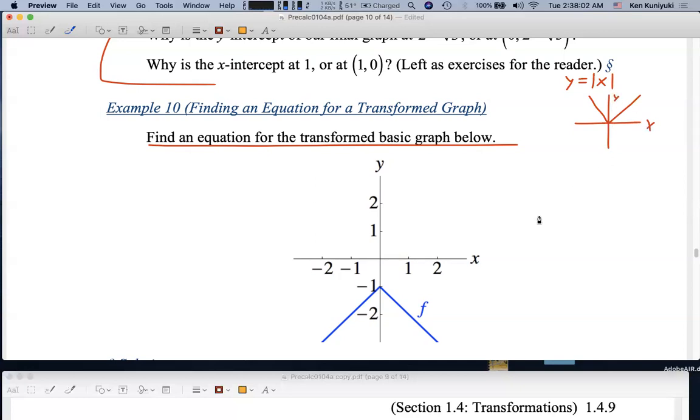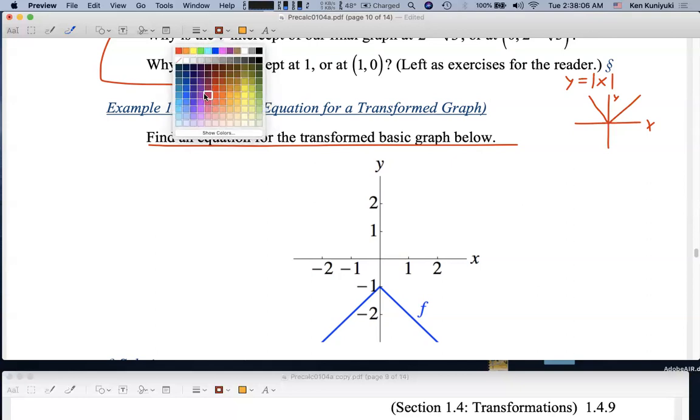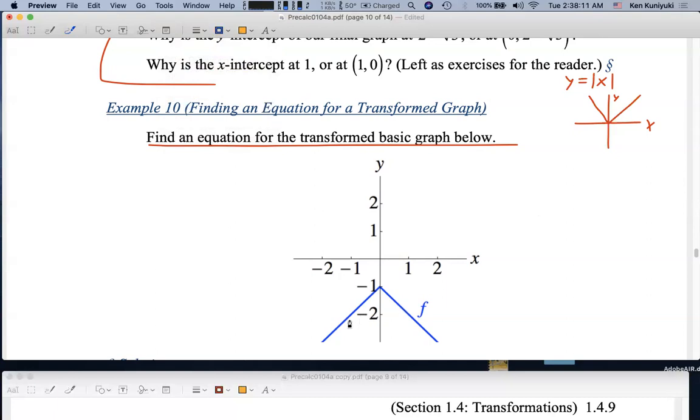And then what are a couple of things we could do? Now here's the thing. I'm starting with an upward opening V. How do I get a downward opening V shape? I could start with a reflection. Reflect about the x-axis.